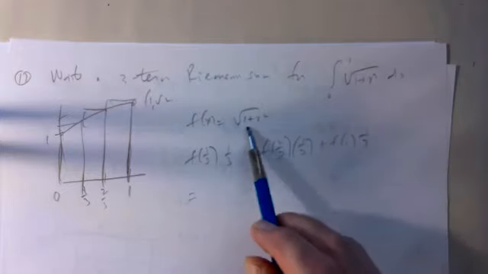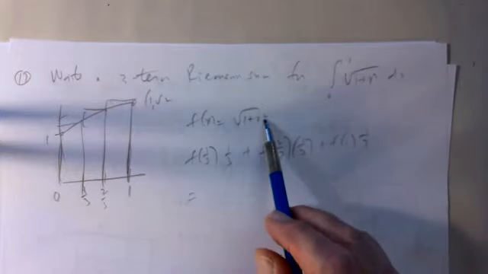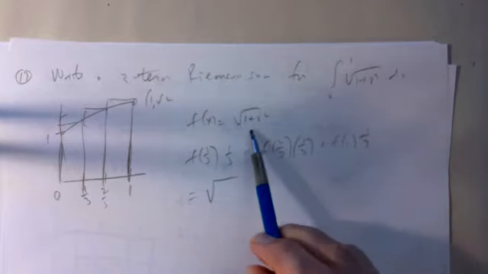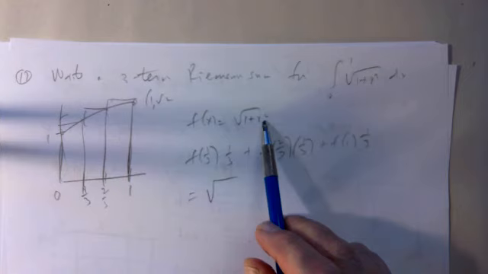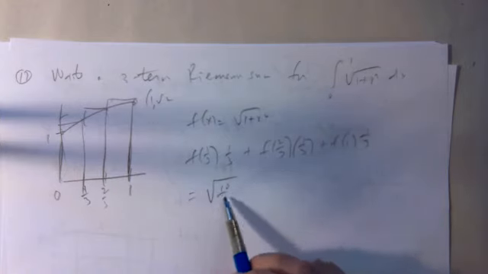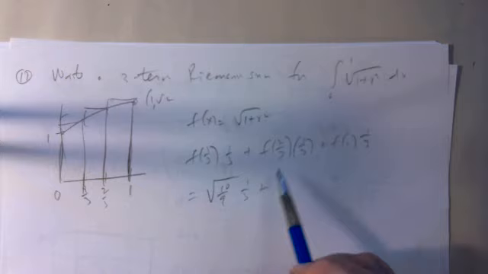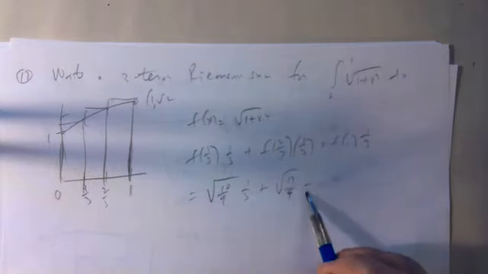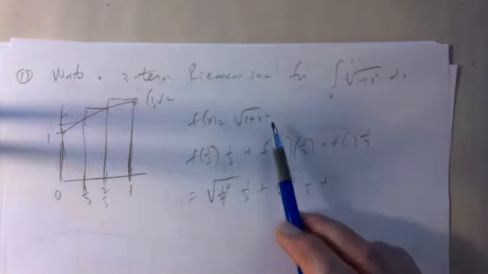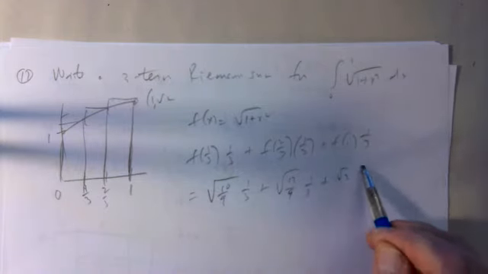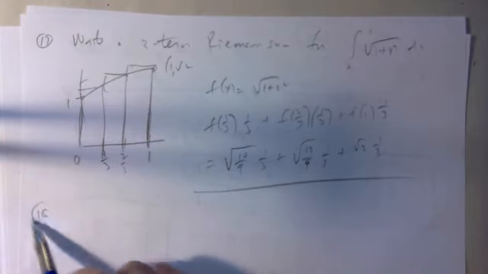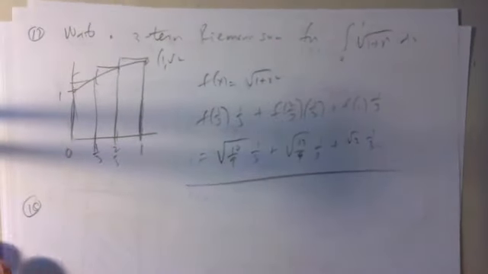So f of 1/3, this is 1 plus 1/9, which is 10/9. F of 2/3, this is 4/9, so the square root of 13 over 9, times a third. And f of 1 is the square root of 2 times a third, for example. There are many different ways to do it. Any questions?